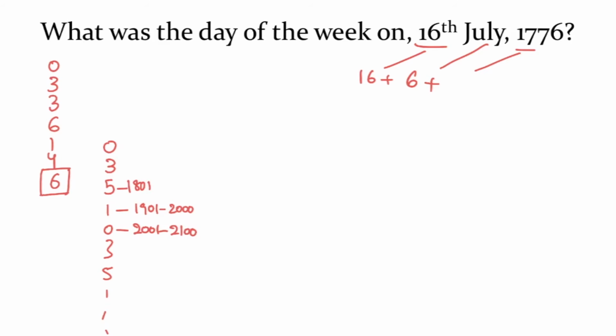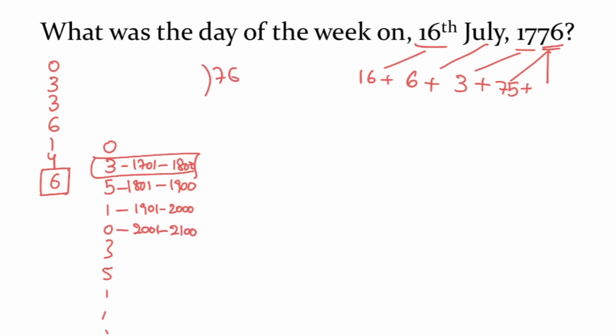From 1701 to 1800 code is 3, plus it is 76th year, so 75 years are completed, and 76th year, how many leap years are completed? 4 19s are 76, 19 leap years are completed.